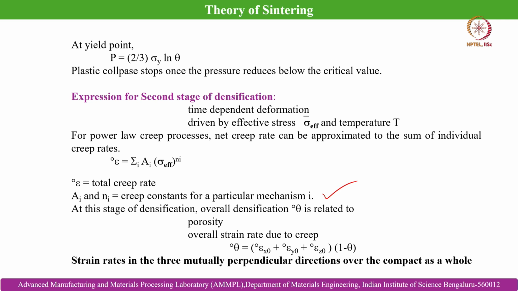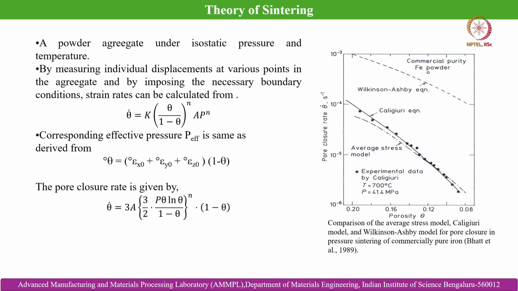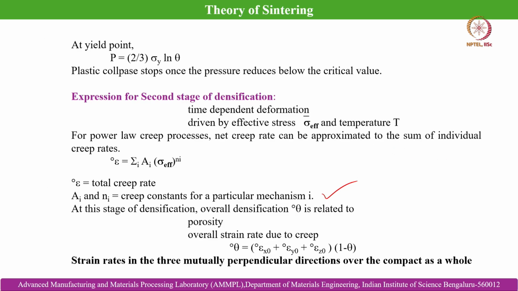At this stage of densification, the overall densification rate theta dot is related to porosity and the overall strain rate due to creep: theta dot is equal to epsilon x dot, epsilon y dot and epsilon z dot into 1 minus theta. So, the strain rates in the three mutually perpendicular directions over the component as a whole are shown over here. That is why overall strain rate is named here.